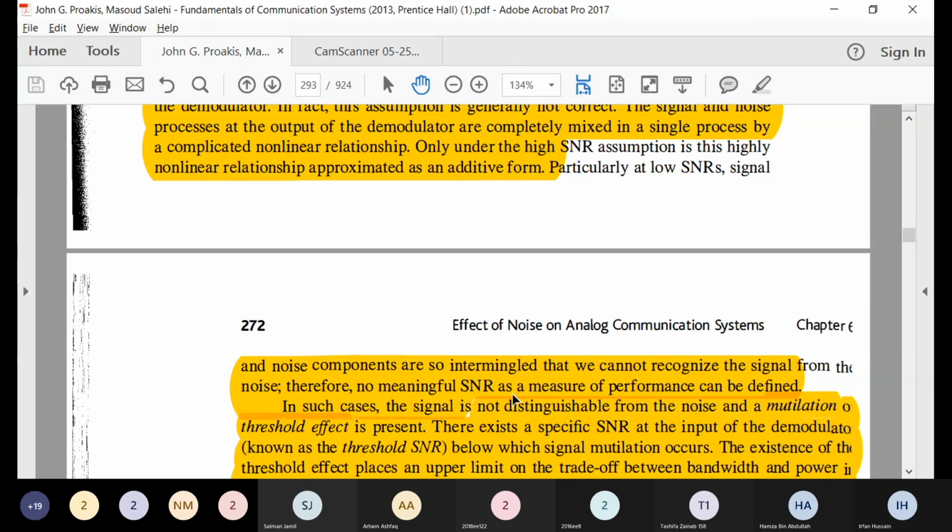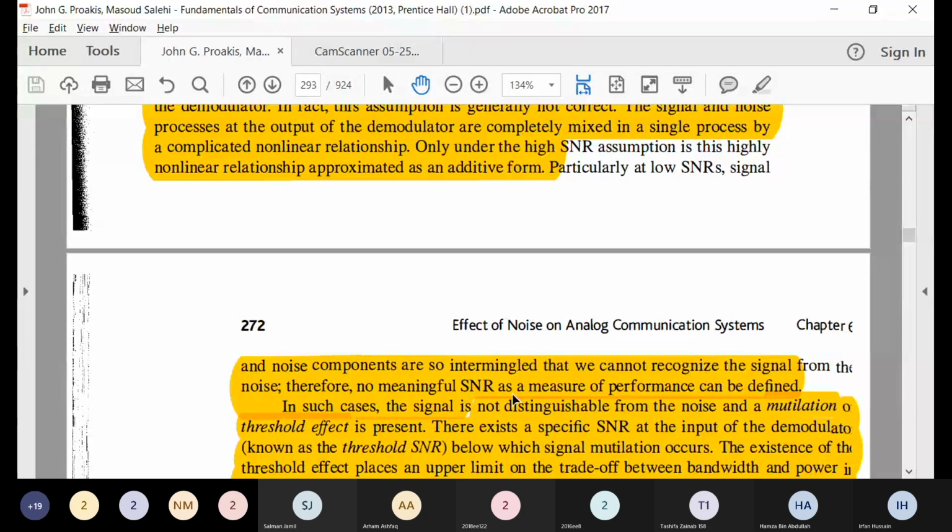All right. So if your SNR decreases beyond a certain threshold, this means that the signal to noise ratio is small. It is not large. And if it is not large, you will not get an additive signal to noise relationship.